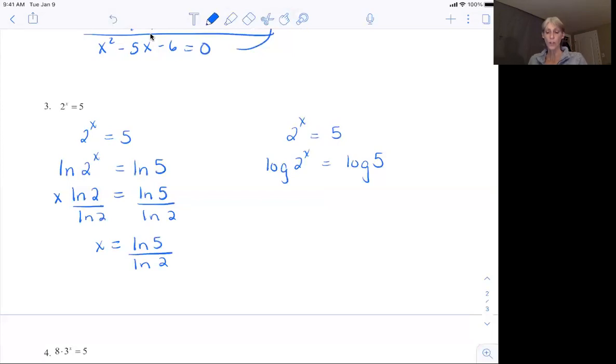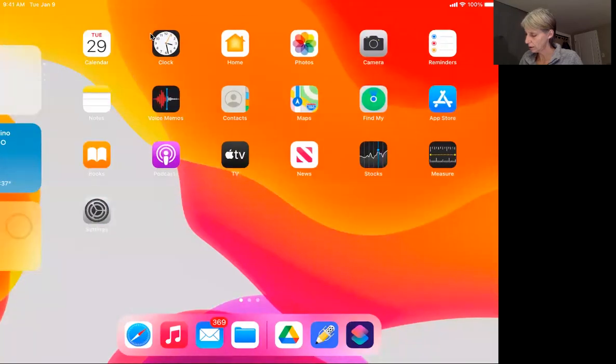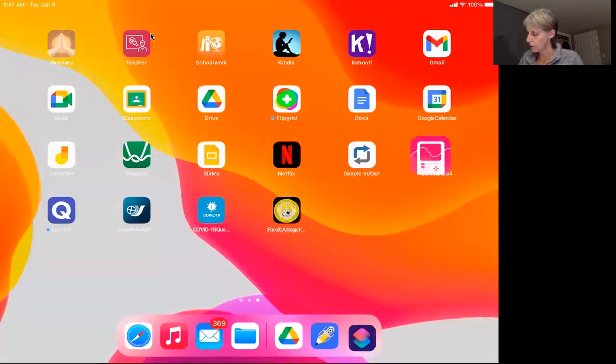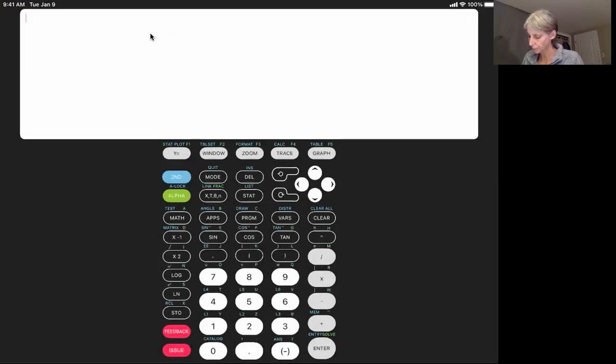Those are numbers. So if you were to go to your calculator, let's see. So I have ln of 5. I'm actually going to hit enter. That's 1.60943.